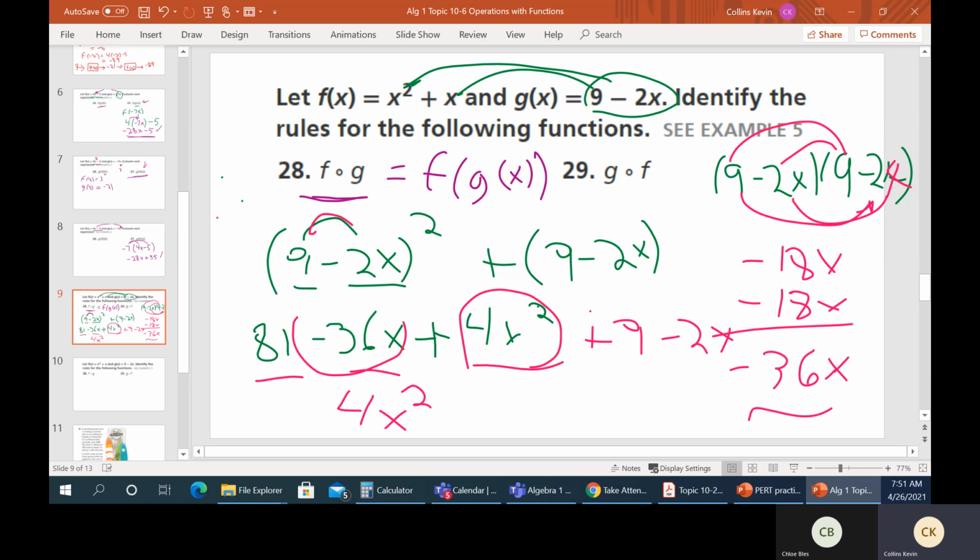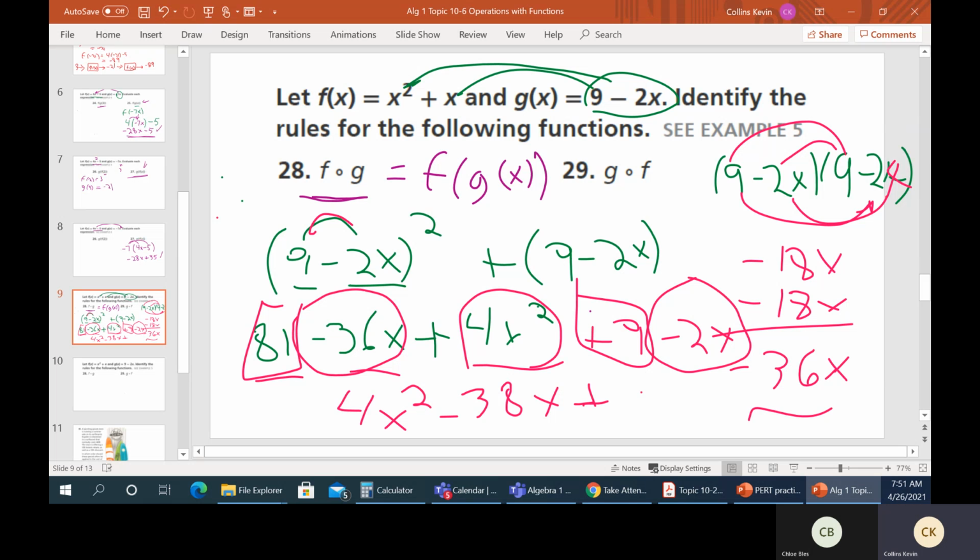So here's minus 36x and minus 2 more x, so that'll be minus 38x. And then we've got our 81 plus 9, so that's going to be plus 90. And there's your final answer.